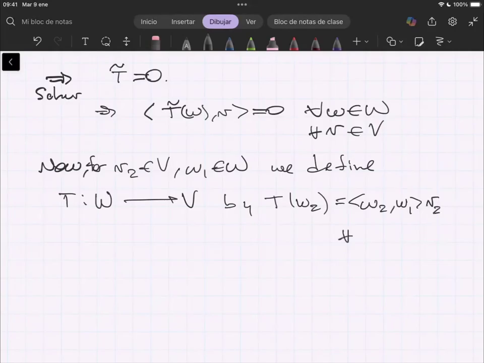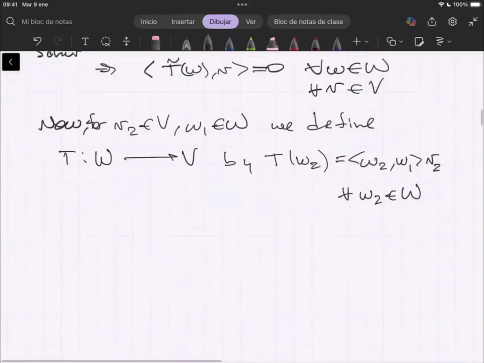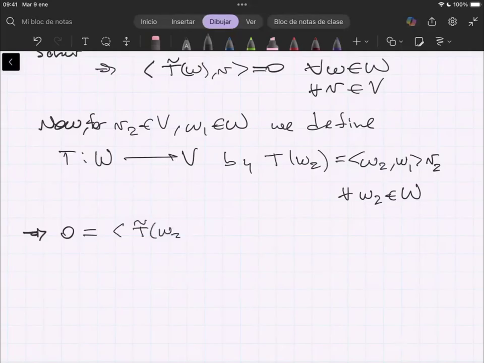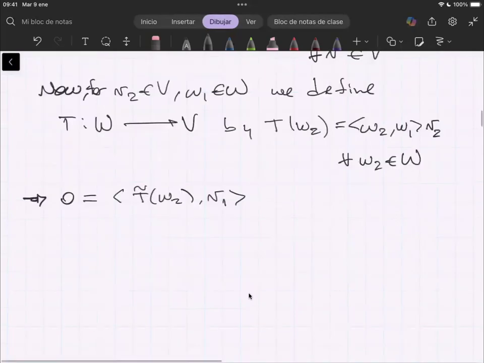And this is for any w2 in W. Okay, this is a linear map. So we apply what we got before with this linear map. So we know that 0 is actually the inner product of T tilde of w2 with v1.